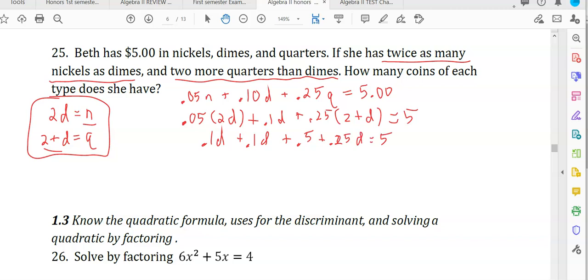We're just solving this, so we have 0.1 plus 0.1 plus 0.25. That'd be 0.45D. I'm going to subtract 0.5, so I get 4.5 over here.